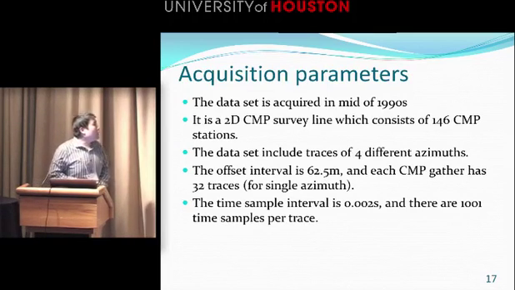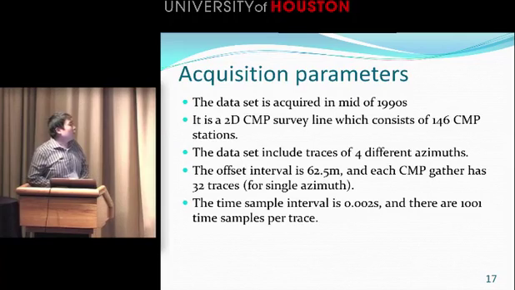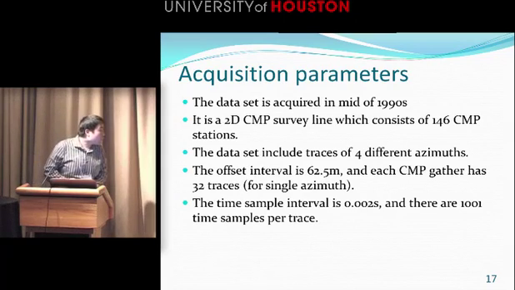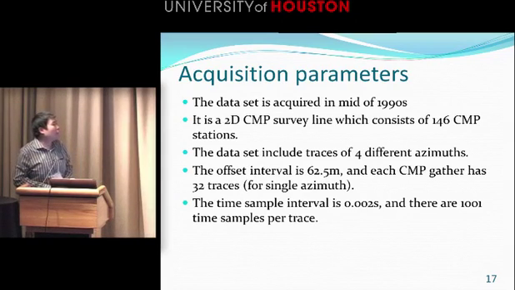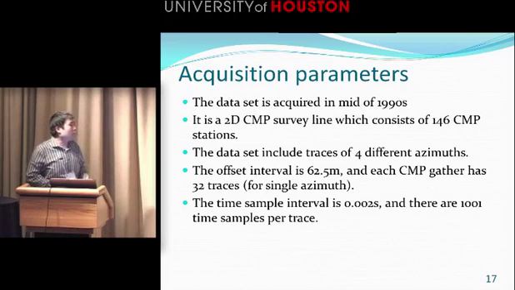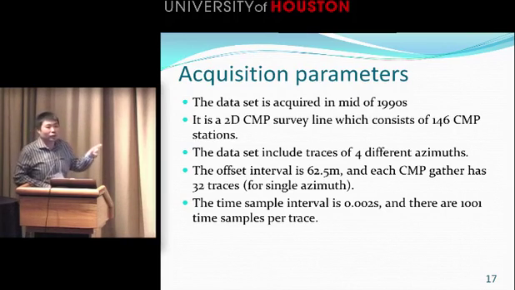Now I will show you the acquisition parameters. As I have mentioned, this is early data, collected in the middle of the 1990s. It's a 2D CMP survey line, which consists of 146 CMP stations. The data includes traces from 4 different azimuths. I will show you the map later.